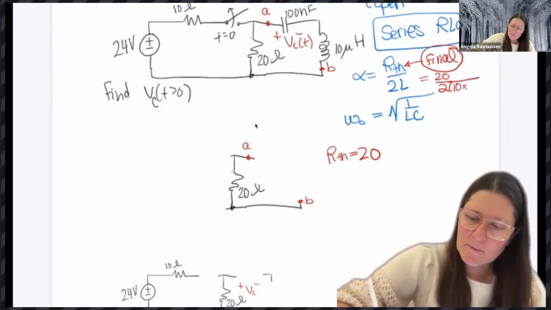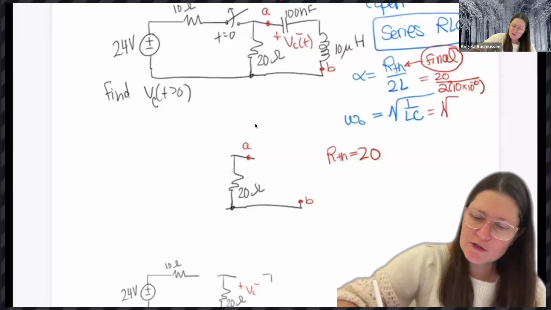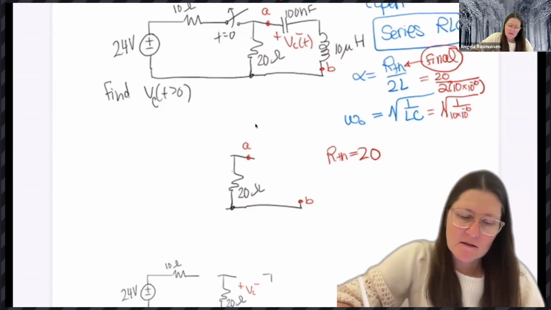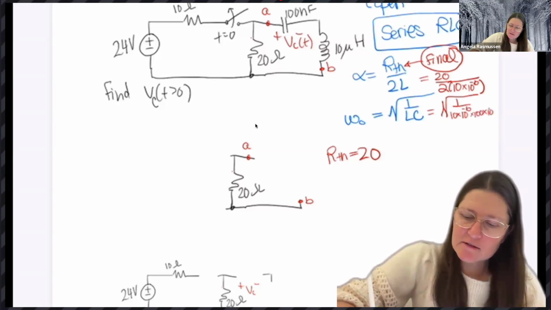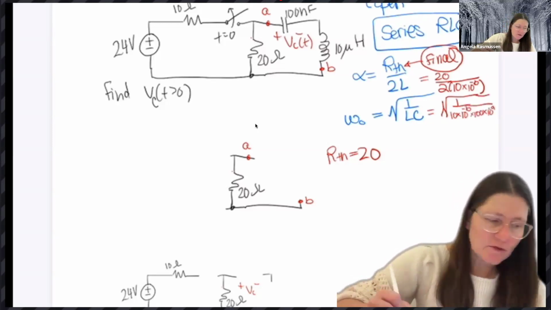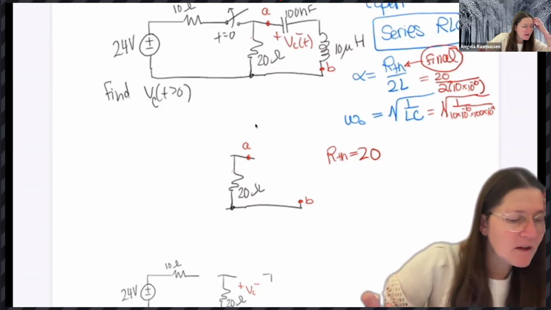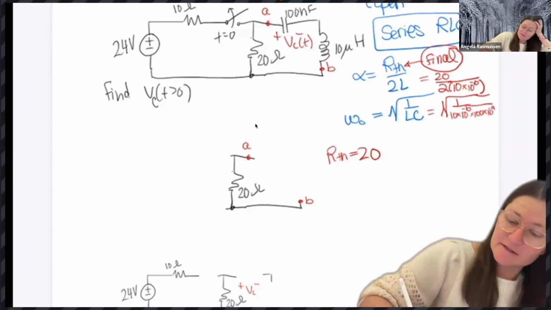Micro is what? Correct. And then square root of 10 to the minus 6, and nano. Correct. So this gives a 1 times 10 to the 6 for alpha.